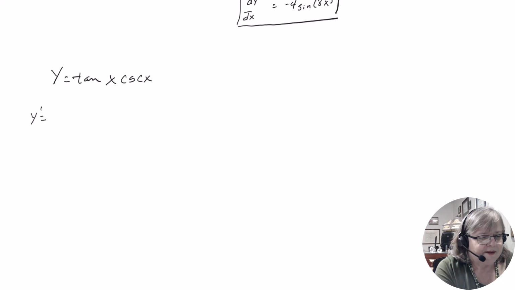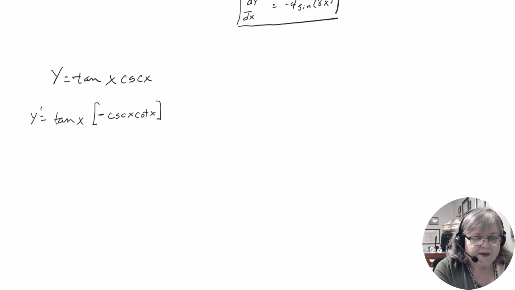Y prime is the first, which is tangent x, times the derivative of the second. And the derivative of cosecant x is negative cosecant x cotangent x, plus, then it's the second times the derivative of the first.